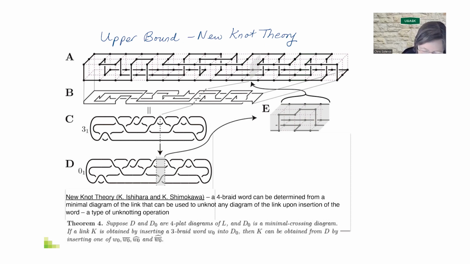The important thing is that the length of what you insert is limited by the minimal number of crossings in the link type. So it doesn't depend on the size of the polygon at all, only on the crossing number of the link type. Because of that, we're able to get an upper bound of the form that we need, because we're not changing too much and in only FL places.